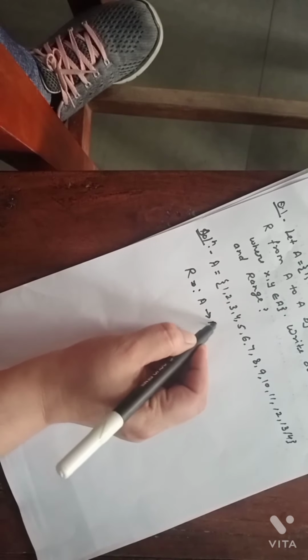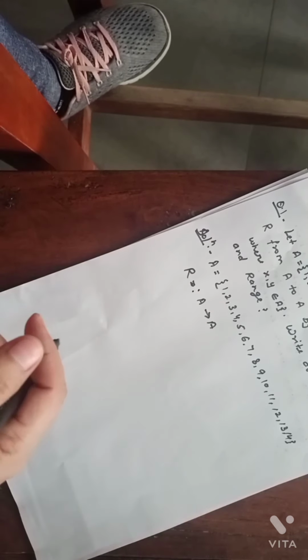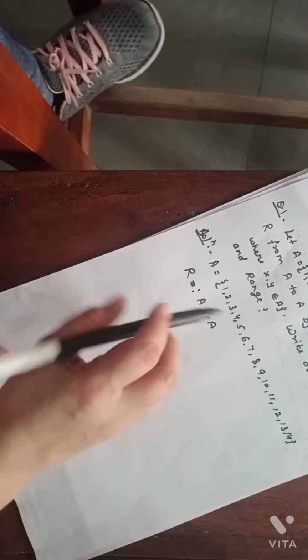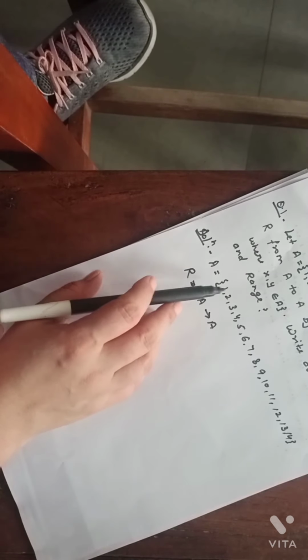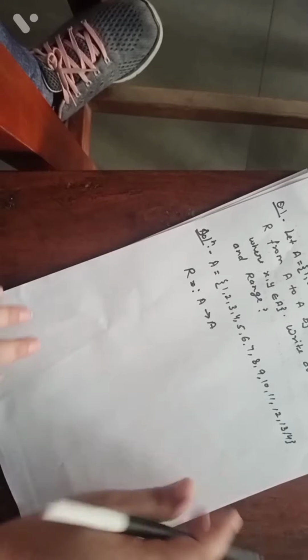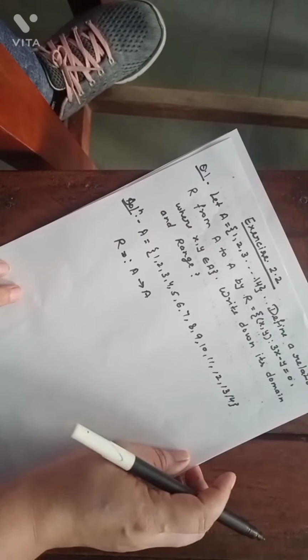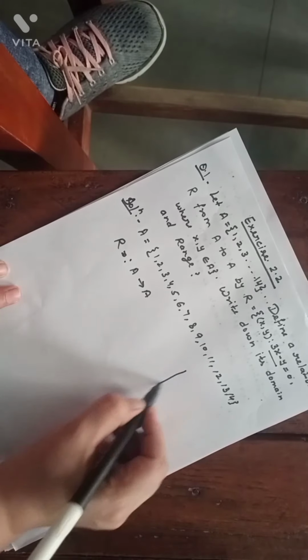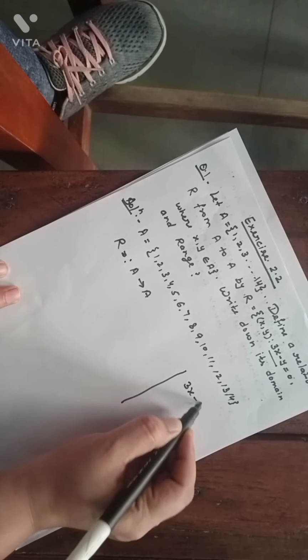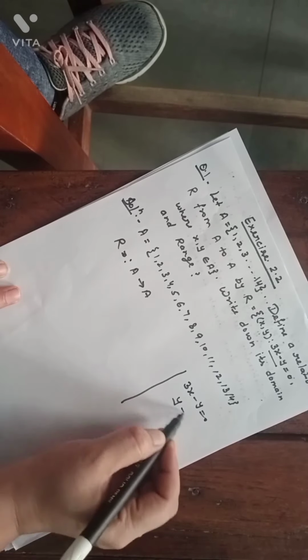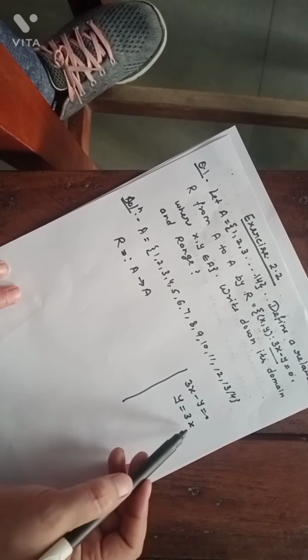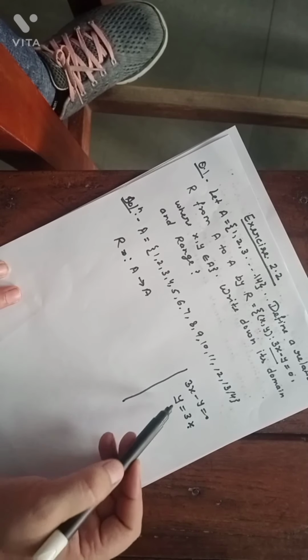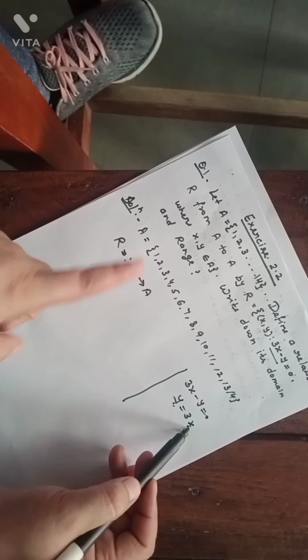A to A. That means we are using the values for x and y from A. Now we construct our relation. The relation between x and y is 3x minus y equals 0. That means y equals 3x. Now we put in values of x and find the values of y, where x, y belong to A.